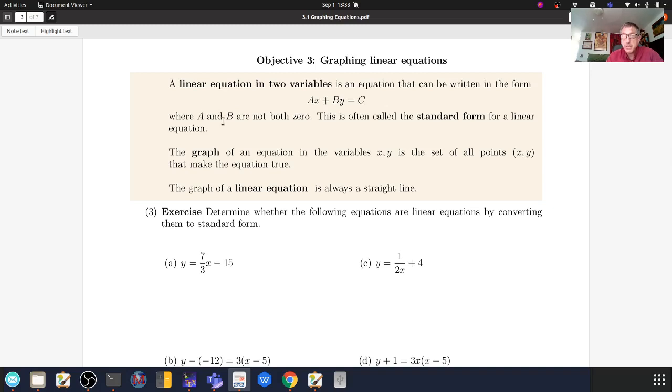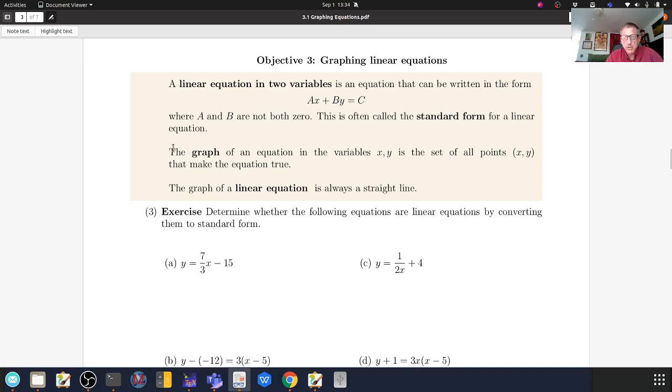One of them can be 0, but they both cannot be 0. And this particular form right here is often called the standard form of a linear equation. A, b, and c clearly are real numbers. Our x and y are our variables. So this is a linear equation in two variables. Not one, two variables, and that makes all the difference in the world.